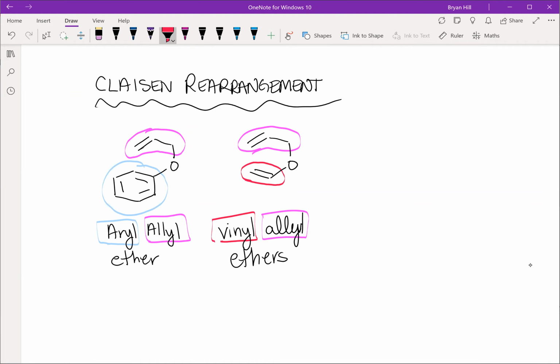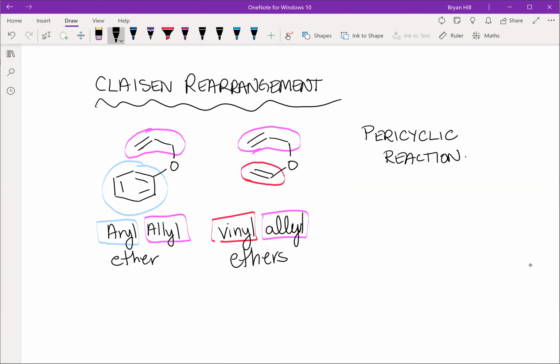And this is what we would call a pericyclic reaction. So a long time ago, we described what this was when we were doing different types of reactions. So this would have been way back in Organic 1.